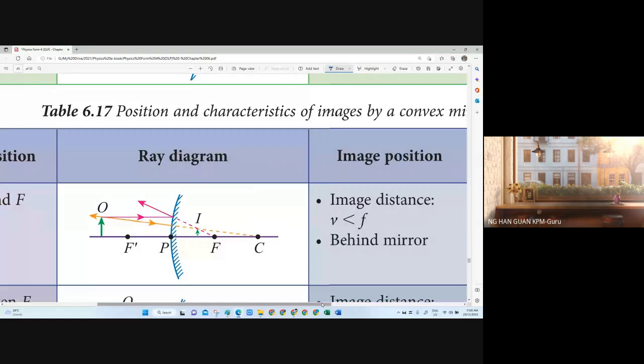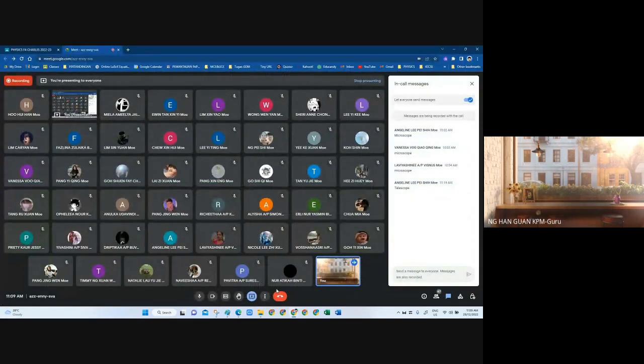So when you do the calculations, F should be negative. When you do the calculation, you will know all the characteristics of the image. So this is how we calculate by borrowing the lens equation and applying it to the mirror, to know the characteristics of the image formed by the curved or spherical mirror.